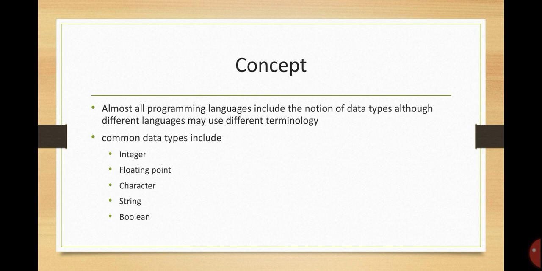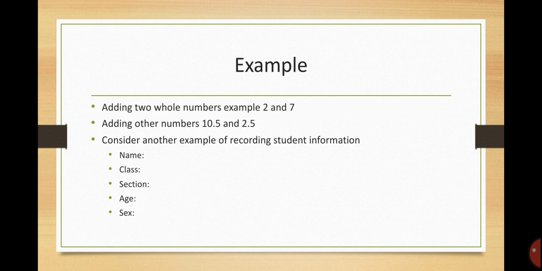So now let's keep computer programming aside and try to understand what data type means. Take an example of adding two numbers. For example, you add number 2 and 7.